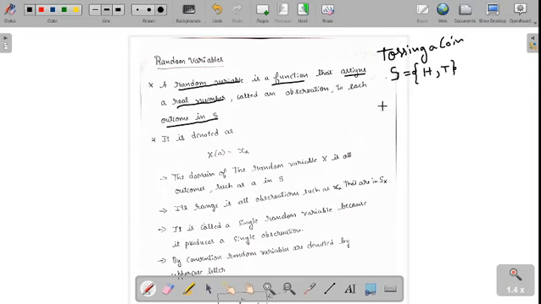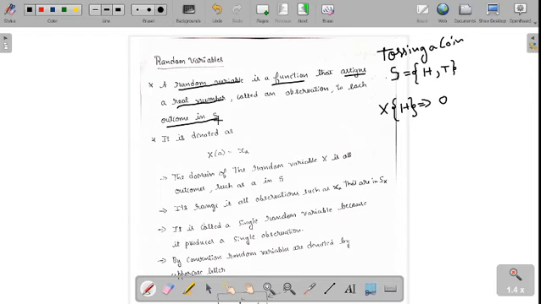For example, if we consider x as a random variable, it will take one of the observations, that is it will take s as h as its input, and it assigns some real number to this. Let us consider it is assigning 0 for h.